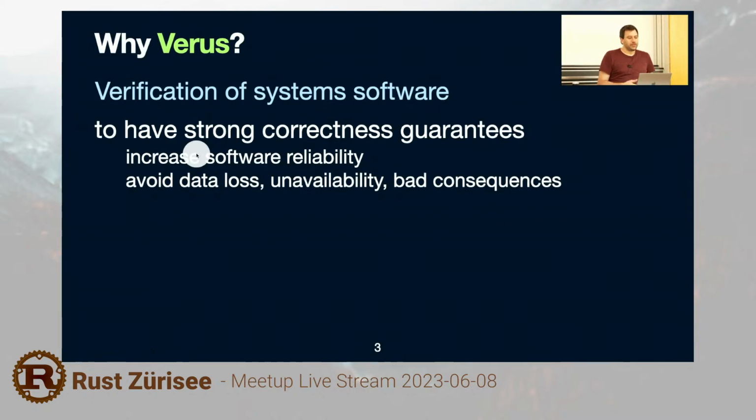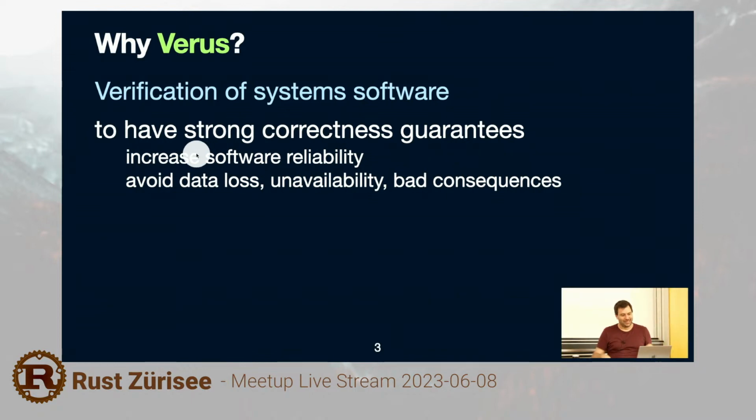Cool. So why Verus? Why am I talking to you about this tool and why we've been developing it? The context is that of all of the people on the first slide that you saw, a lot of them have been thinking about verifying system software as a way to have strong correctness guarantees. This is kind of the same goal as testing, but hopefully stronger. And as usual, like avoiding data loss and availability of bad consequences.